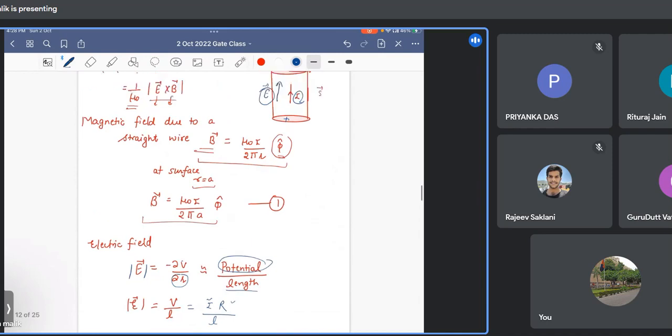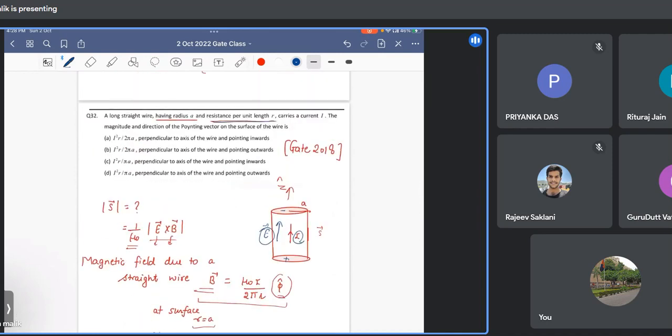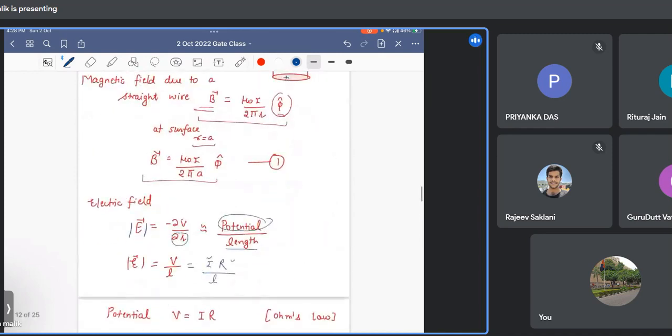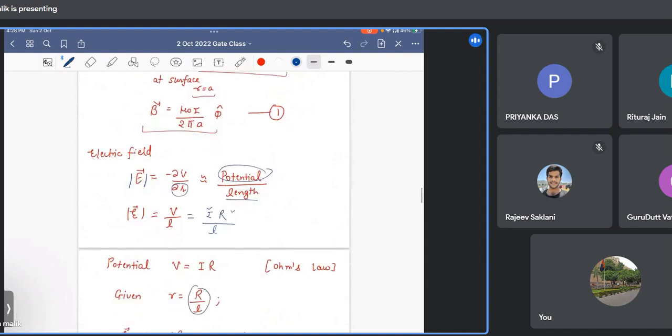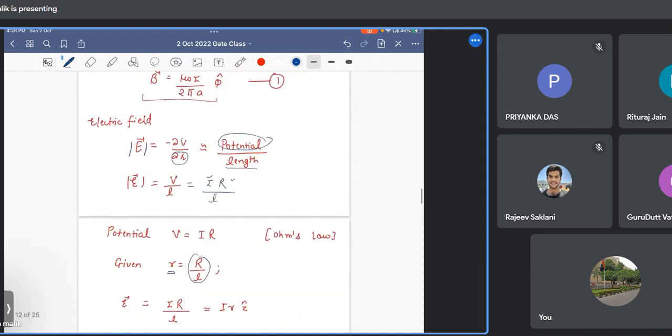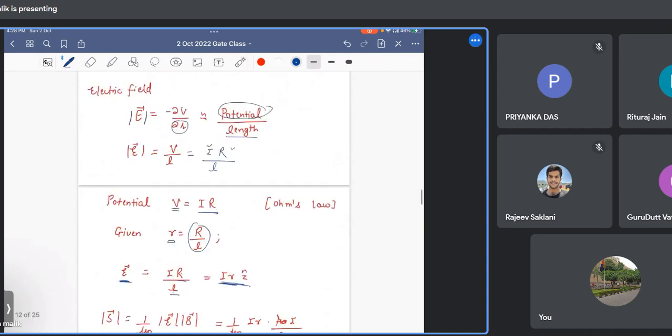It is given in the question that resistance per unit length is a small r. So whenever we take potential V upon L, we put I R upon L, and R upon L will become small r. So this is the electric field due to this wire, I r in the z cap direction.